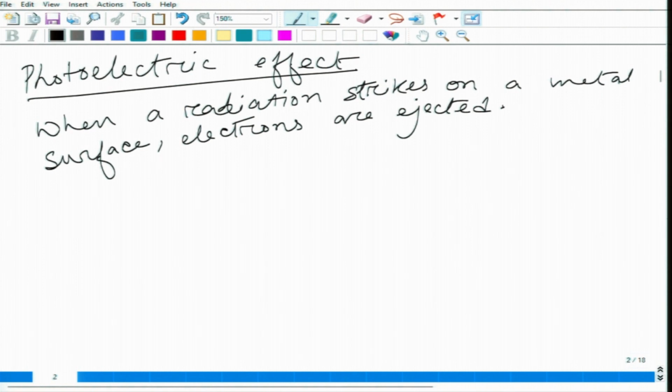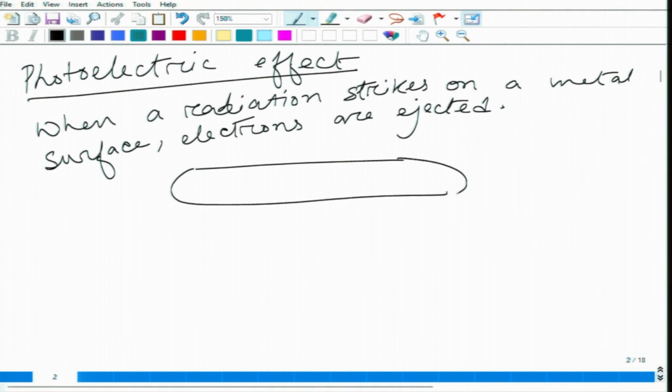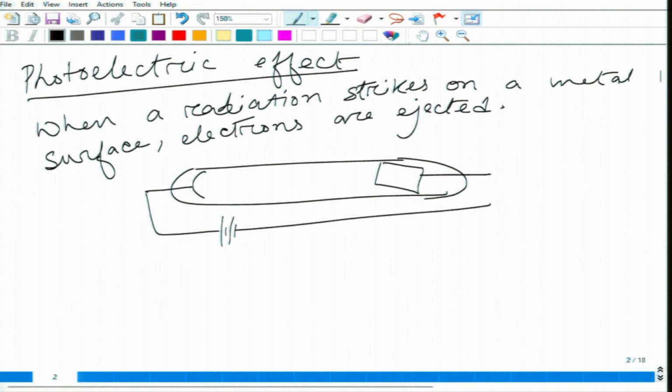Now, this experiment was performed by H. Hertz, who performed an experiment inside a vacuum chamber with a metal plate and a detector connected with a battery. So, light beam was incident on this metal plate.